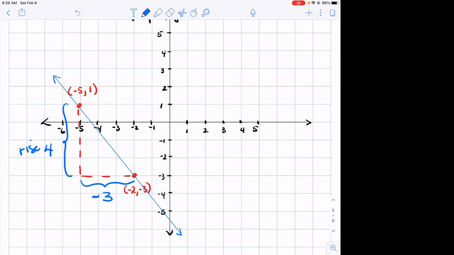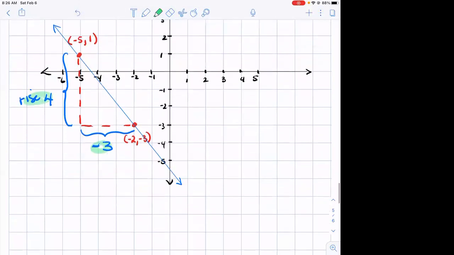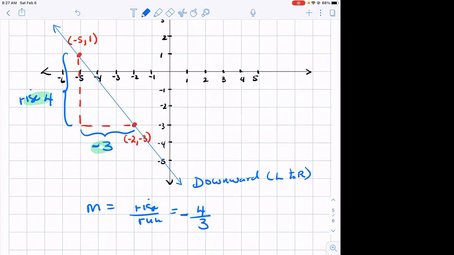Generally, I don't look at the sign of the numbers here. So we can say that the slope m, the rise over the run, is equal to 4 over 3. But then if you look, the line is moving downward from left to right, so I know that the answer is negative.